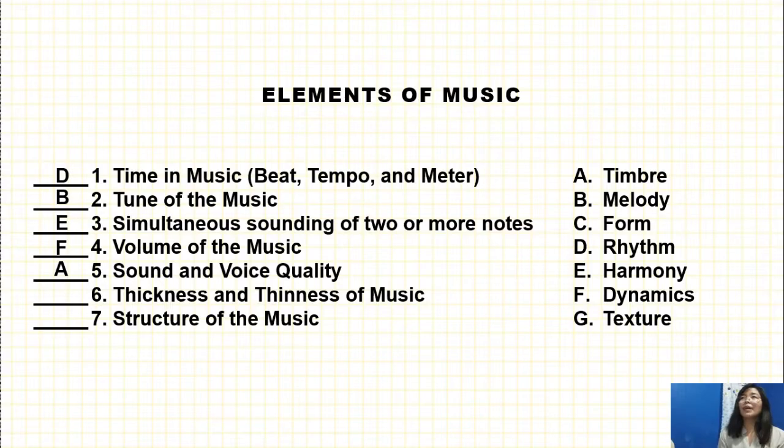For example, monophonic means we only have the melody, either in voice or in instrument. For homophonic, we have melody and instrumental accompaniment. The answer is letter G, texture. So, how many sounds do we hear?